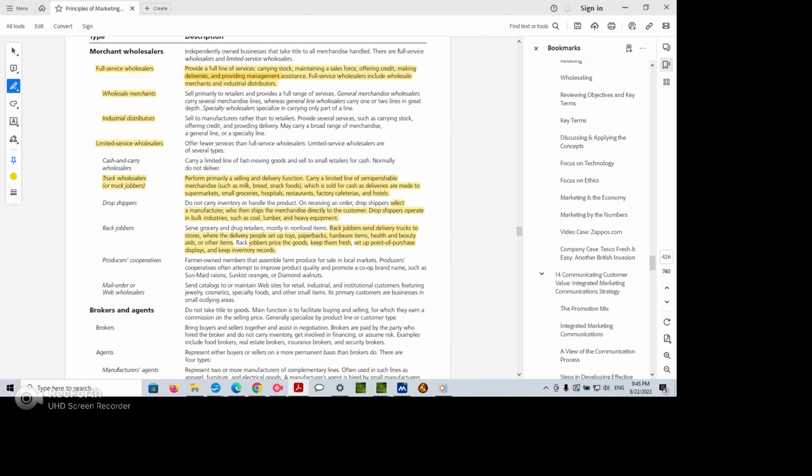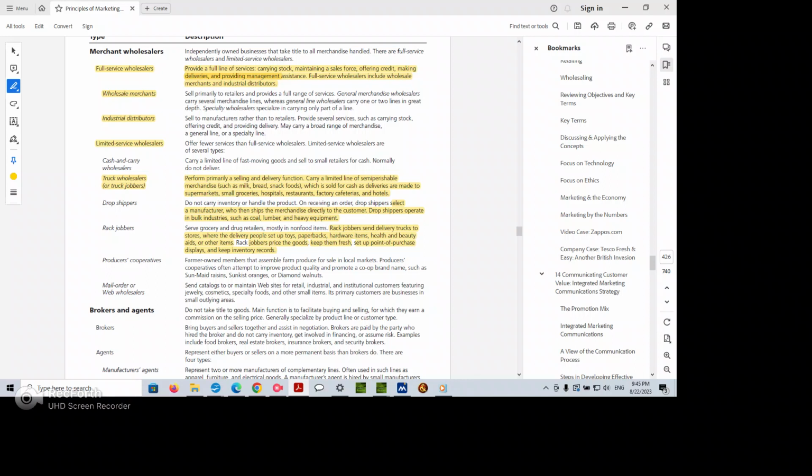Producer cooperatives are farmer-owned members that assemble farm produce and sell it in local markets. Producer cooperatives often attempt to improve product quality and promote co-op brand names such as Sun-Maid Raisins, Sun-Kissed Oranges, or Diamond Walnuts.